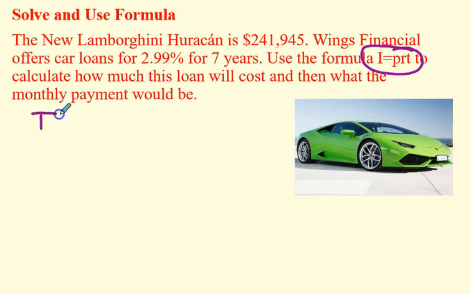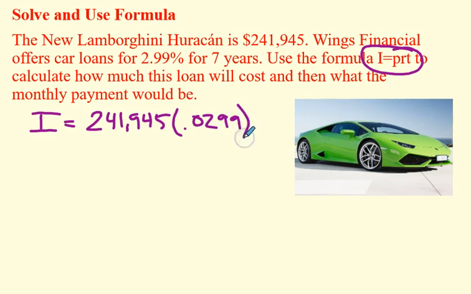So to calculate our interest, we're going to take our principal, our initial amount, and we're going to multiply it by 0.0299. That's 2.99% written as a decimal, times 7 years.